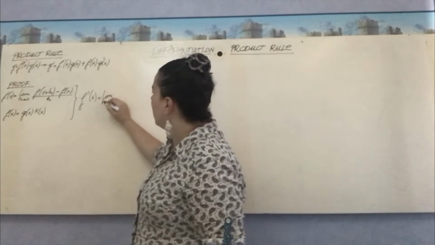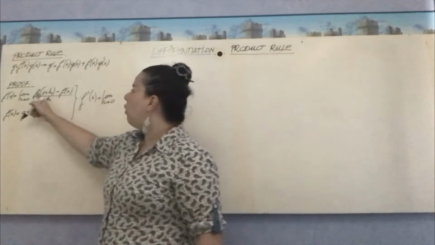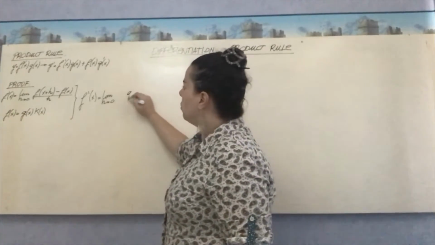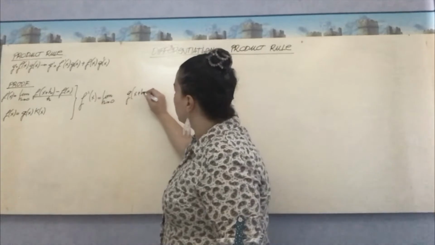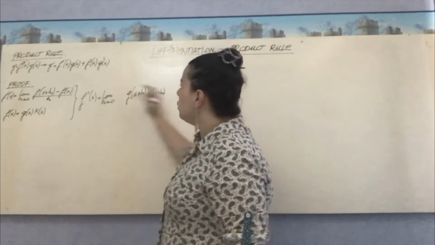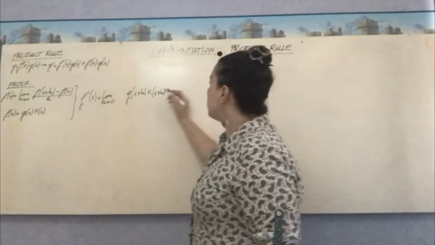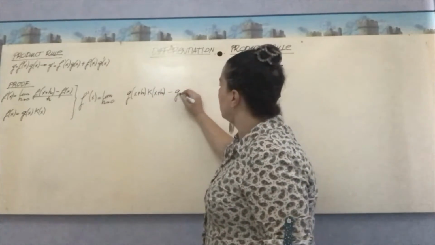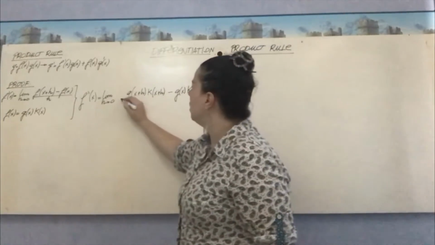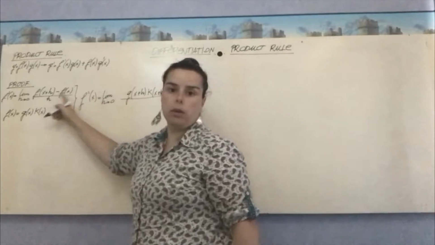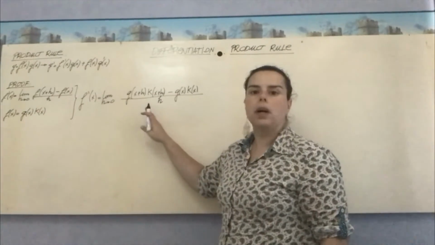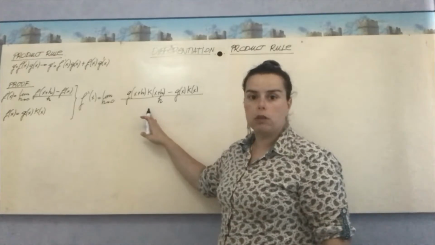Limit when h tends to 0 of f of x plus h, so I substitute here, it would be g of x plus h, k of x plus h, minus f of x, so minus g of x times k of x, and all of that divided by h. That's what differentiation by first principles tells me.